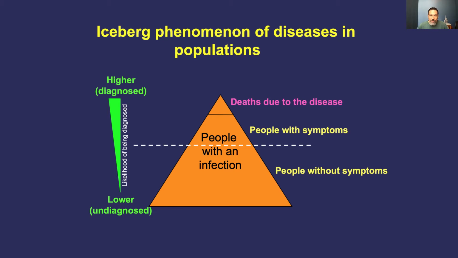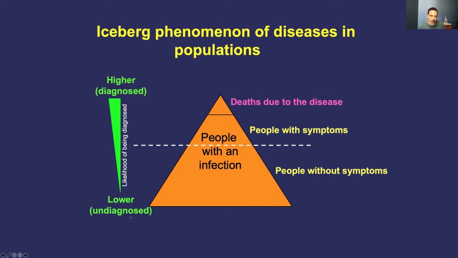You can think of the spectrum of disease and infection as an iceberg, with the most severe cases at the tip and with less severe symptoms above the surface or waterline, and those without symptoms being below the surface. And how much of the iceberg is visible above the waterline really varies from one agent to the next.